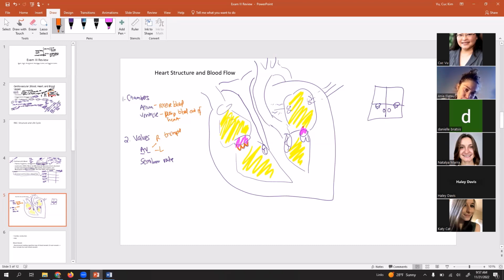So you can either call it the right AV valve or the tricuspid valve. Here's another way to remember: you try before you buy. Now these AV valves, because of these flaps, if there's enough pressure, these flaps can fold upwards. So what you will find always associated with these flaps are these strings. What are these called?